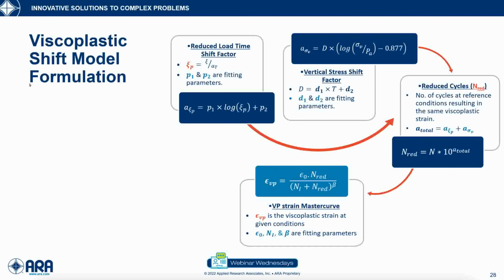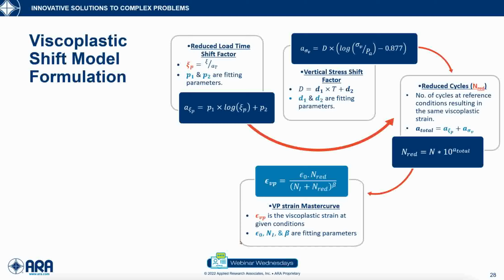The shift model now, we talked about the SSR tests. We do have the viscoplastic strain measure. We do have the time temperature superposition principle available, so we can find what we call the reduced load time shift factor, or the time temperature shift factor. We can also find the time stress shift factor. Finally, I'm not going to go too much into the equations, but the formulation of the viscoplastic shift model basically allows you to calculate for any reduced number of cycles the viscoplastic strain.